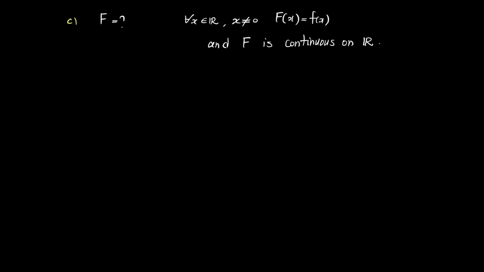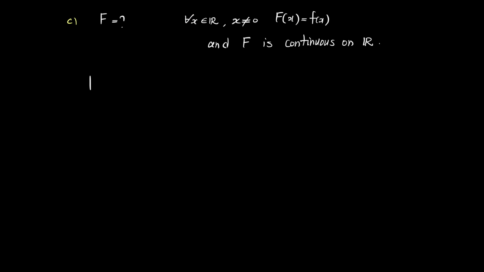So my goal is to see if there is a function capital F whose values match the values of the function f whenever x is not equal to 0, but which is continuous. That is also easy to see.